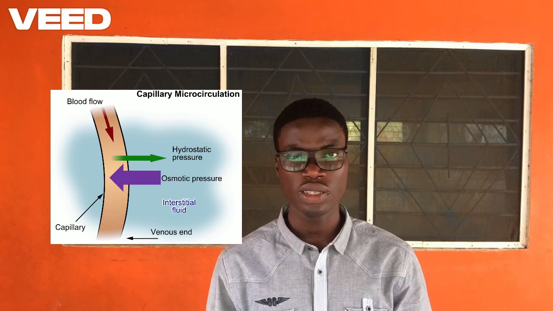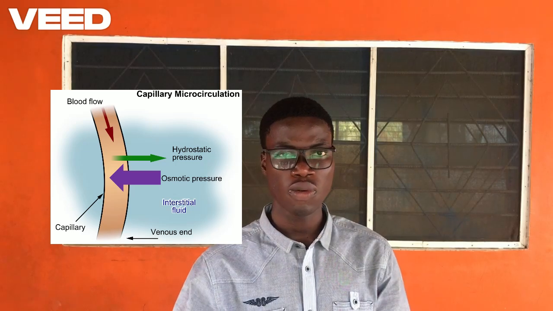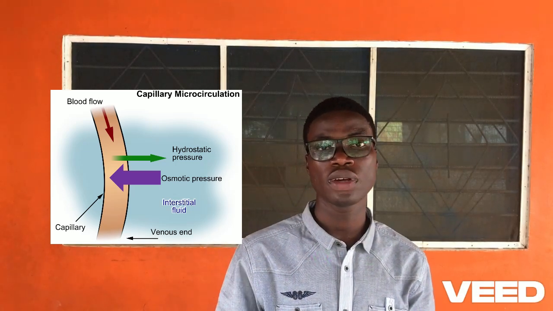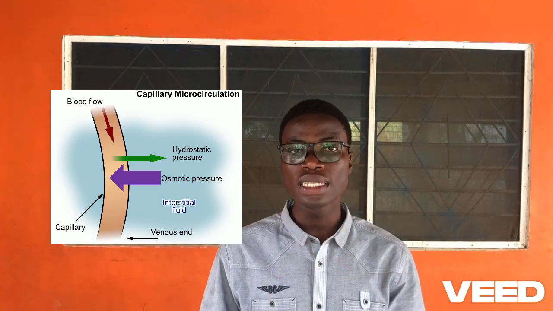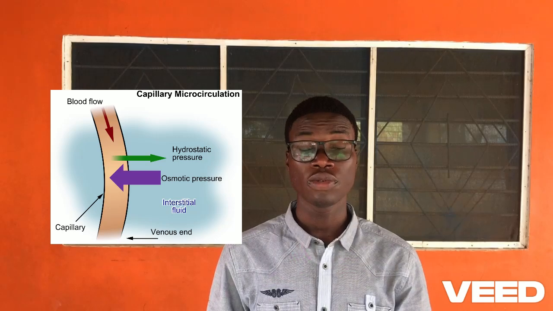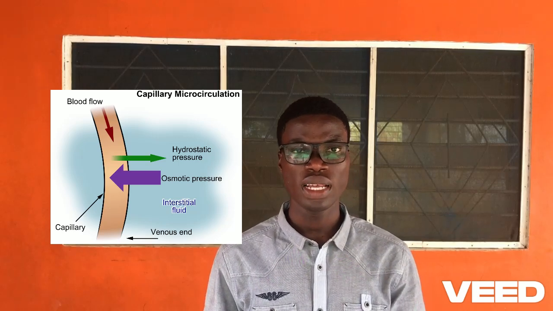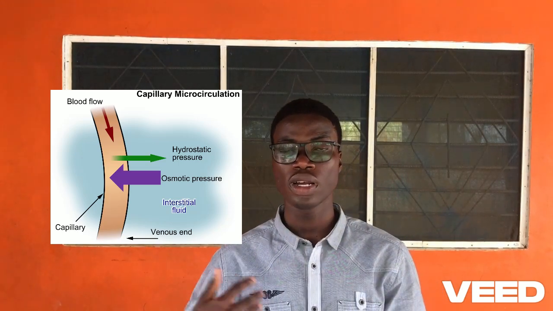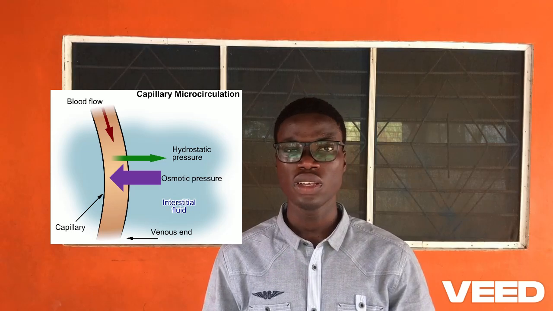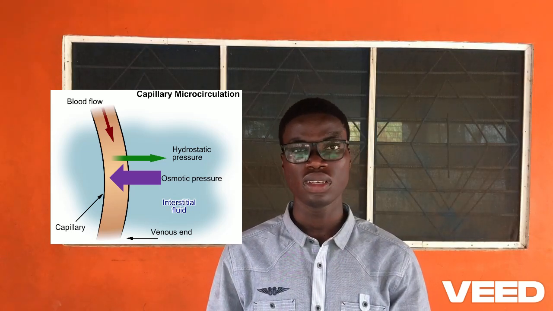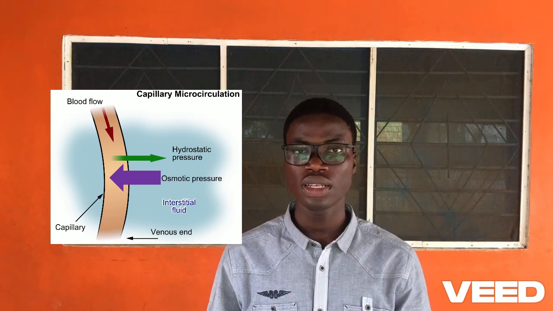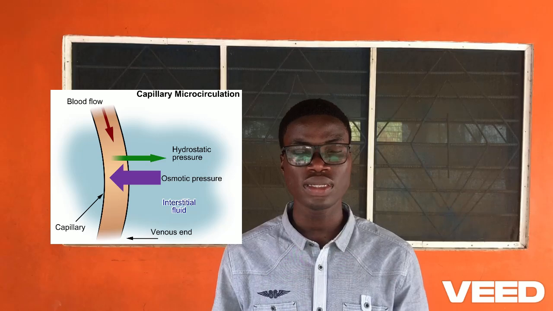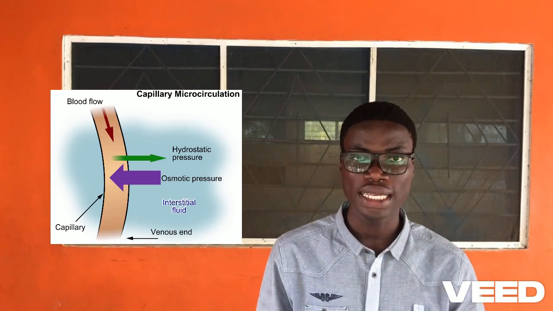This hydrostatic pressure moves fluid from the intravascular compartment, or the blood vessel, into the interstitial space, whereas the oncotic pressure keeps the fluid within the intravascular compartment. So when there's a drop in the oncotic pressure, the hydrostatic pressure will dominate. That will drain fluid from the intravascular space into the interstitial compartment, and it will eventually fill up the lymphatic vessels and cause what we call edema.